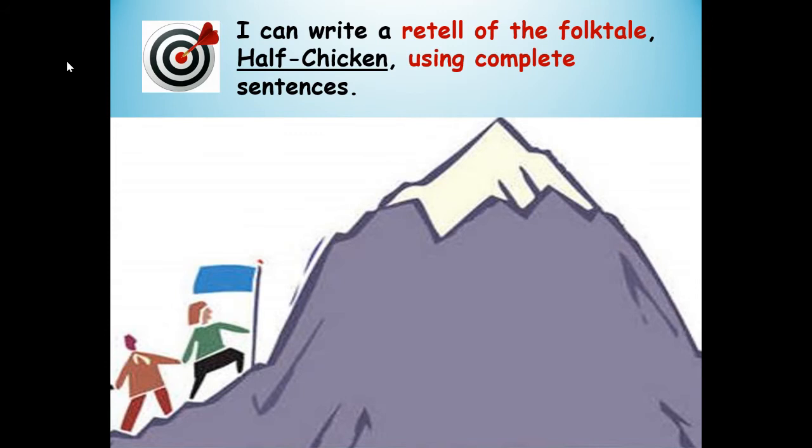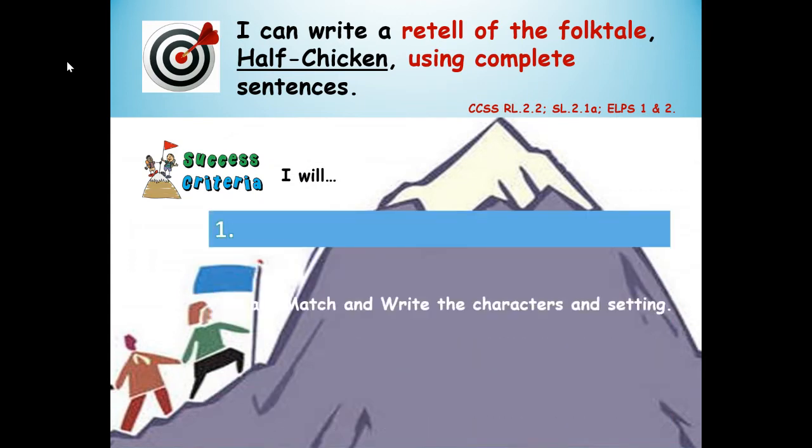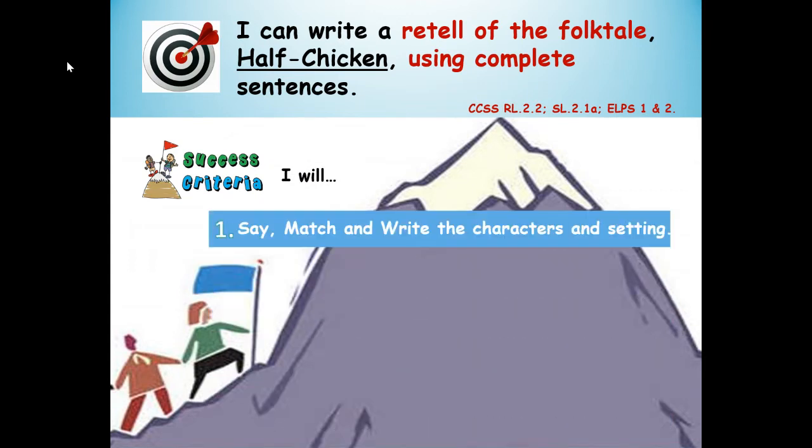So here's your learning target. I can write a retell of the folk tale, Half Chicken, using complete sentences. Success criteria. That means how will you know you're successful at writing a retell of the story? Here are your steps to success. Number one, I will say, match, and write the characters and setting.